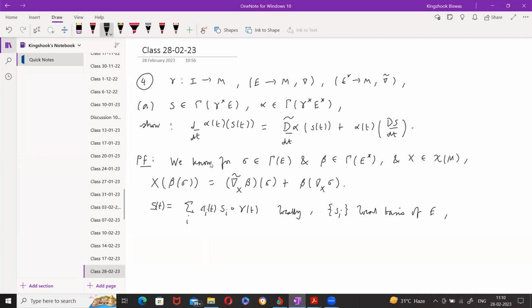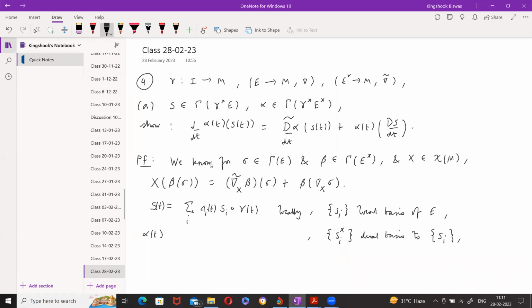And similarly, for alpha of t, the basis S_i gives a dual basis S_i star. This is the dual basis to S_i.